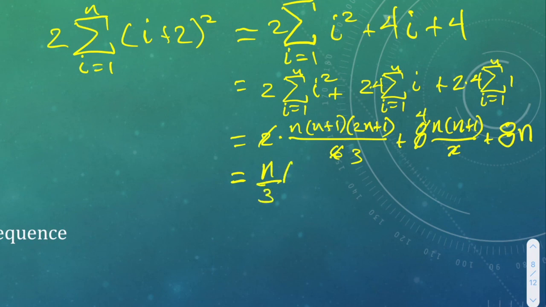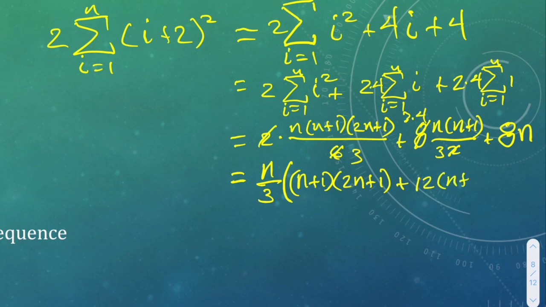And let's see what factors out. n plus 1 times 2n plus 1, plus, we need 3 down below, so I need to multiply by 3, and that becomes 12 times n plus 1, plus, I need a 3 down below, so it needs to multiply a 3 on top, so that turns into 24. And the n already factored out.